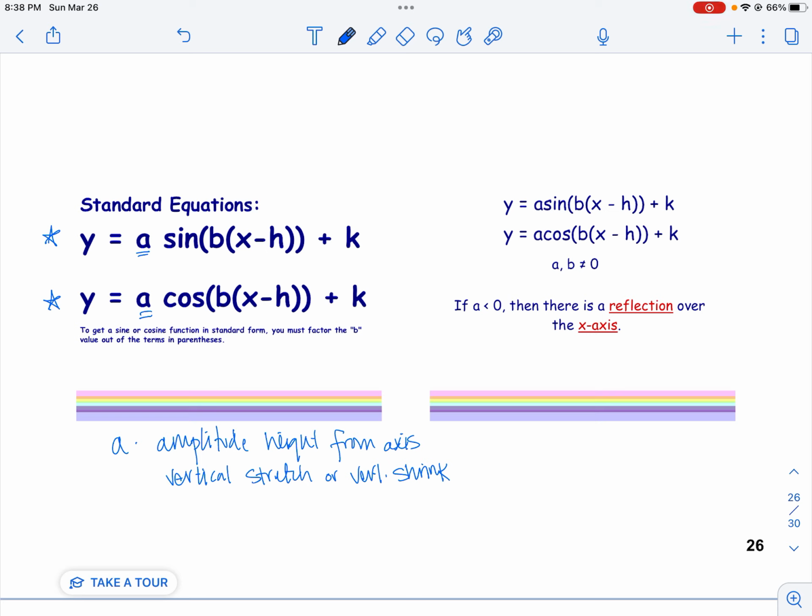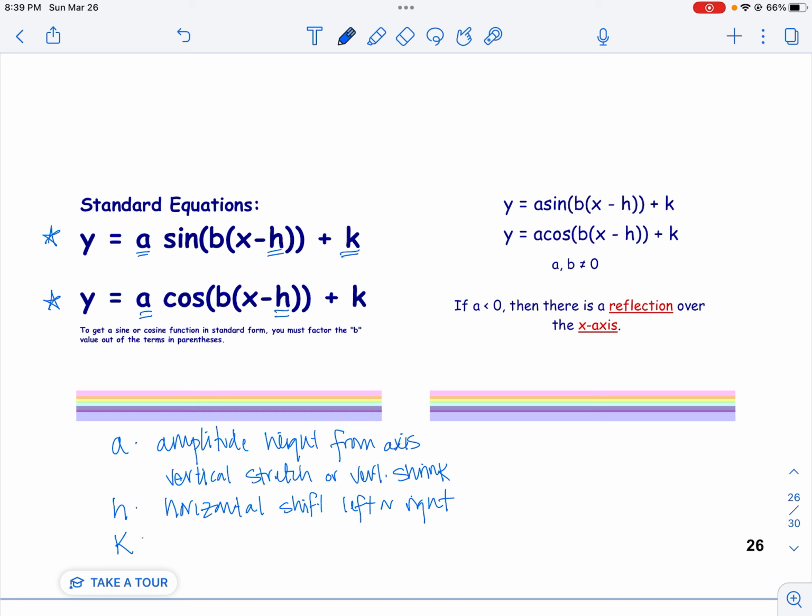Okay, now we remember h and k. I'm skipping over b for now, but I'll get to it. h refers to a horizontal shift to the left or right, just like in any other function.